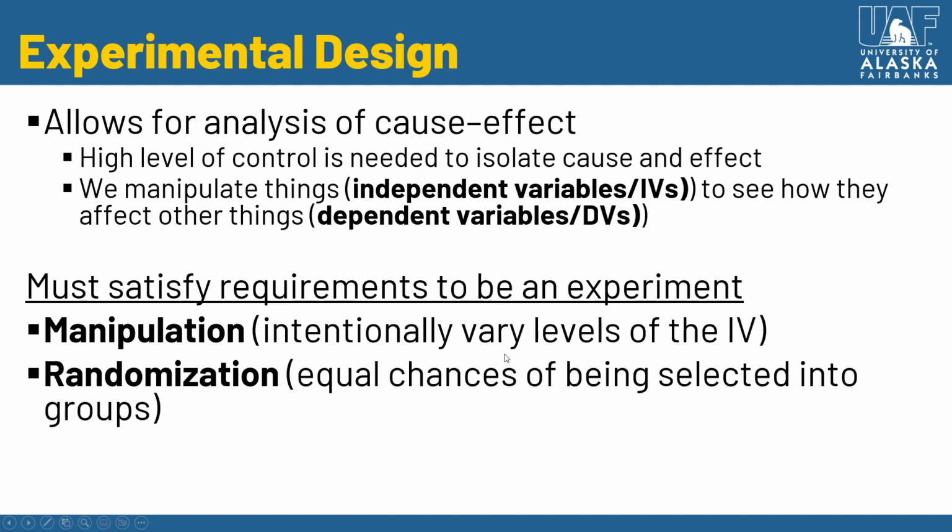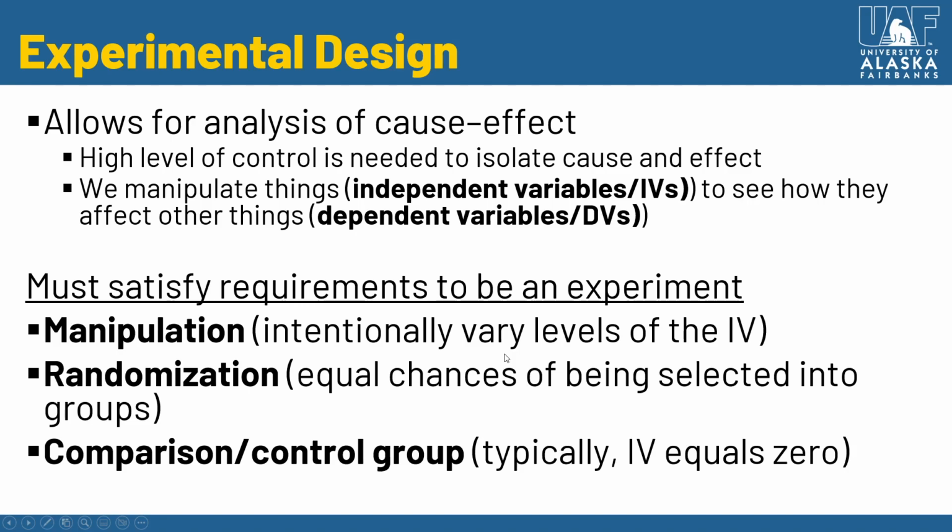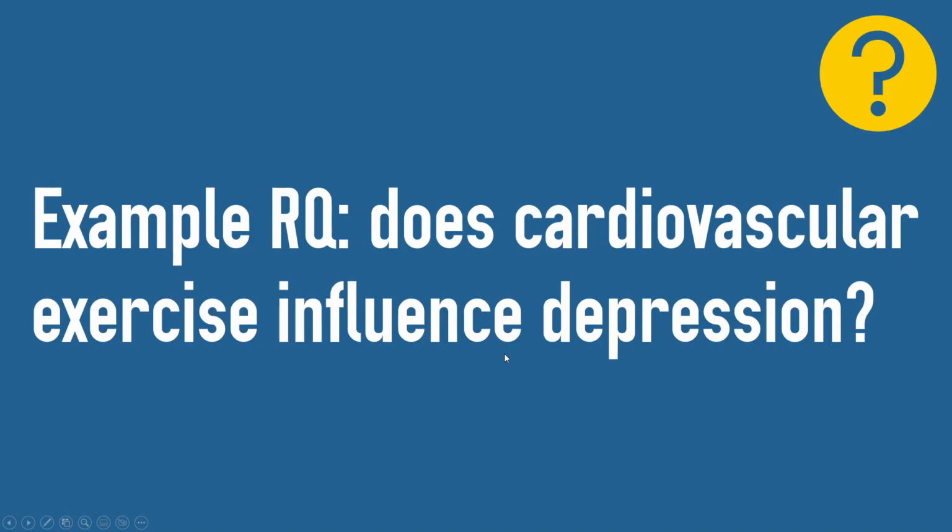So ideally, our entire population has the same chance of being randomly selected for the study and for the different groups, and some sort of comparison or control group, right? And so in this example, if we had a group where they got no melatonin, in other words, the level of the independent variable is 0, or 0 milligrams. They might just get a sugar pill for placebo.